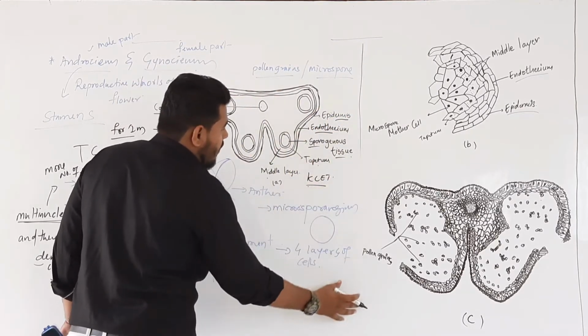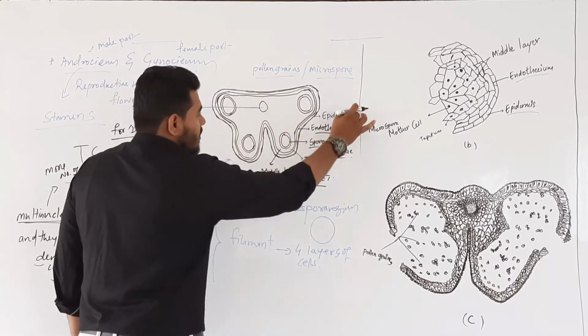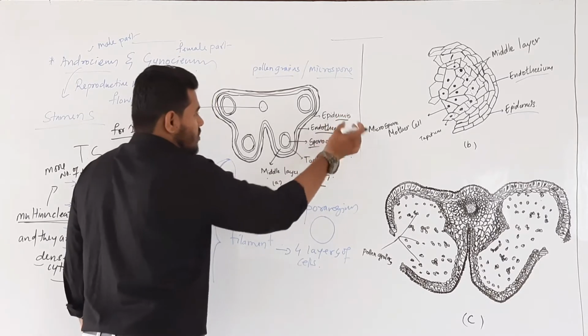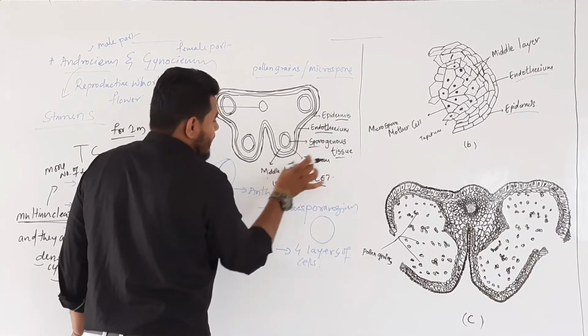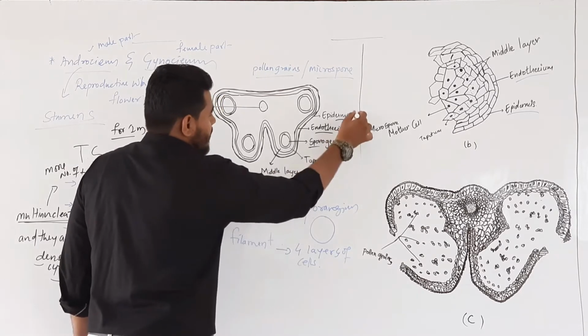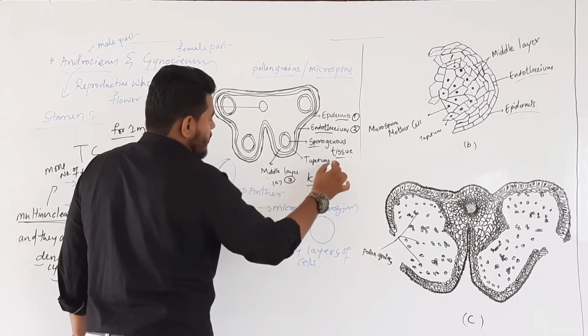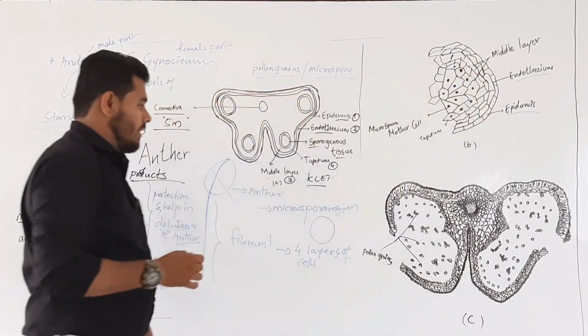They will give a number of options, in which you have to select from outside to inside. First it should be epidermis, second endothecium, next the middle layer, and the innermost should be tapetum. So you have to remember.